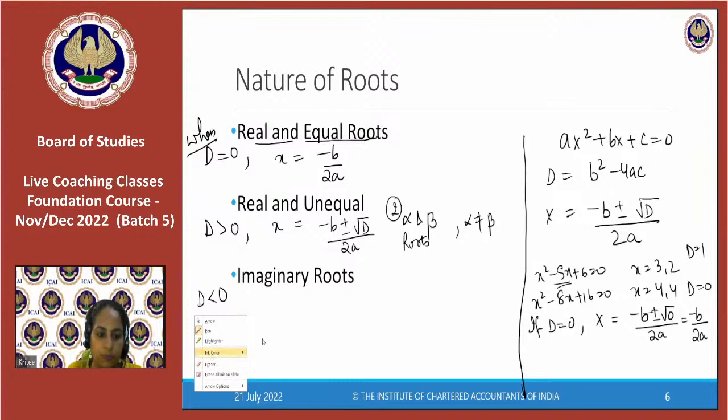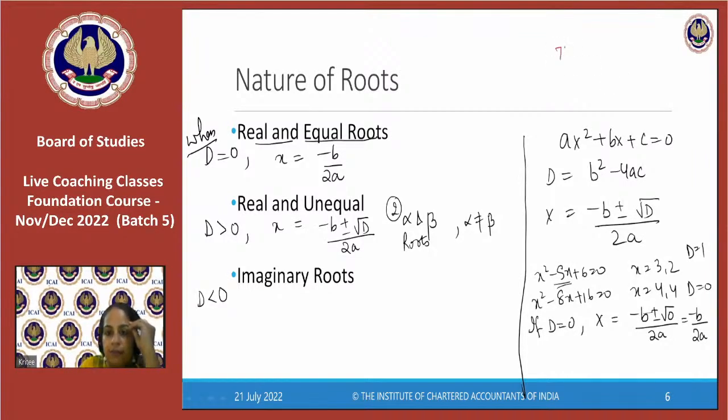You take any random number you like. You say, okay, ma'am, let us take 7. So 7 square is 49. No issues at all. But what about minus 7? Minus 7 square is also plus 49, because minus 7 into minus 7, minus minus makes it plus.